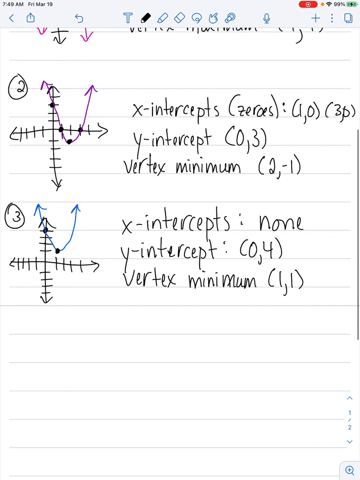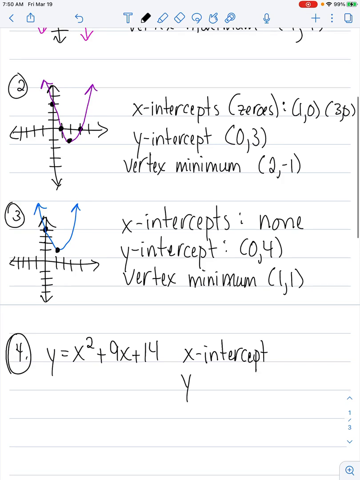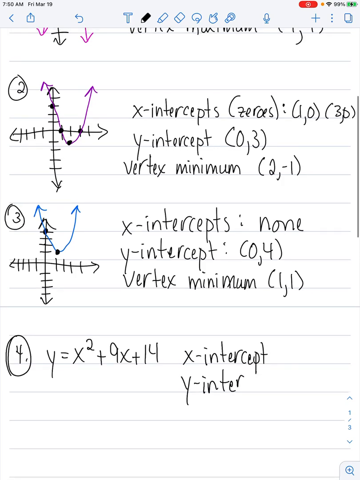Now let's look at what happens if we have an equation. So let's start with y equals x squared plus 9x plus 14. Well, I still want you to find the x-intercept or zeros. I still want you to find the y-intercept.